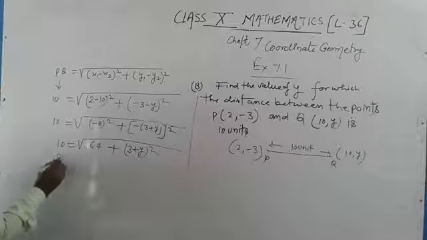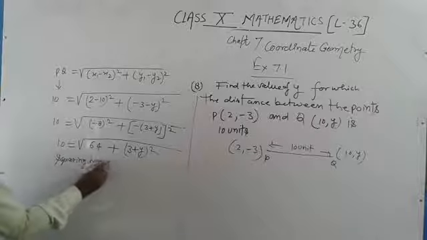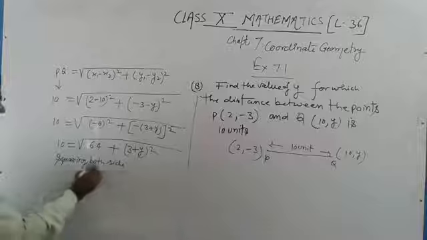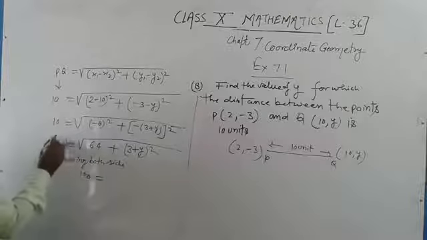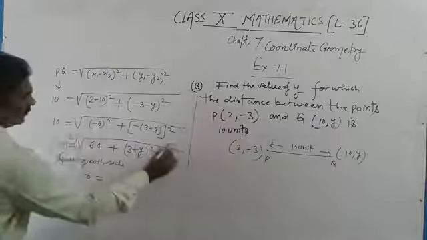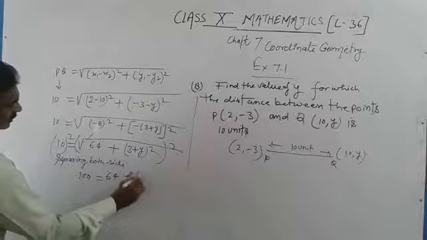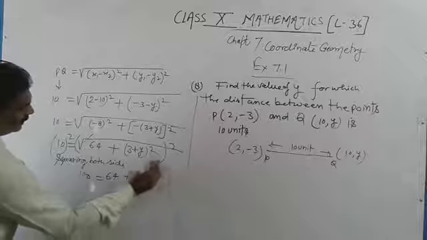Now squaring both sides, so this becomes 100 is equal to, and on squaring, the root cancels out, 64 plus 3 plus y whole square.